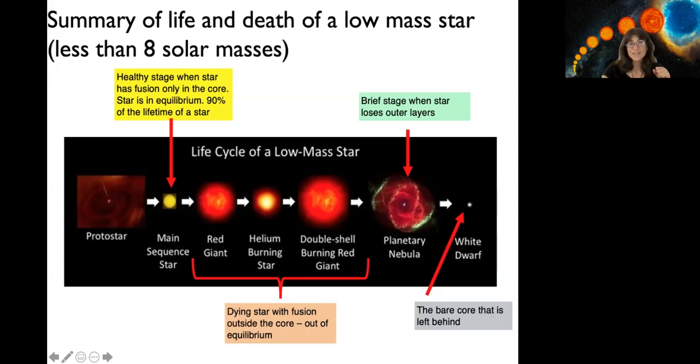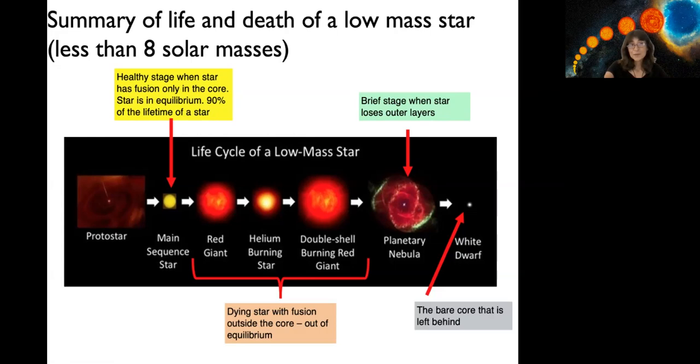And finally, there's no more to fuse in the core because it becomes all carbon and it cannot fuse carbon. And so the outer layers are blown away, becomes a planetary nebula. Eventually, all that is left is a white dwarf. And as the video mentioned, the white dwarf will get dimmer and dimmer until it becomes what is called a black dwarf.